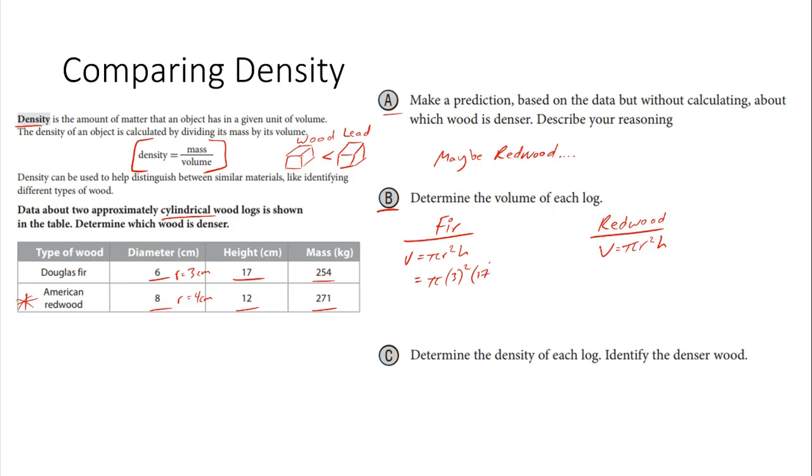Don't forget this is centimeters. All right, so let's see here. We get 3 squared, which is 9. 9 times 17, and then times pi, and you should get 480.66. And again, that is cubic centimeters.